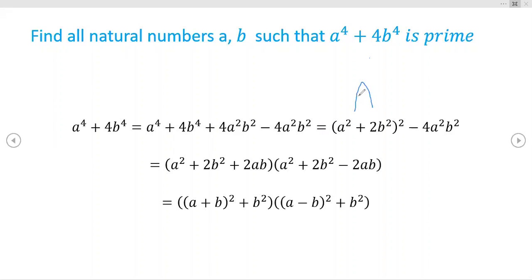So this is in the form a squared minus b squared, where capital B is just equal to 2ab, 2 little a little b.